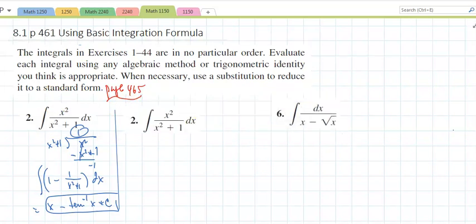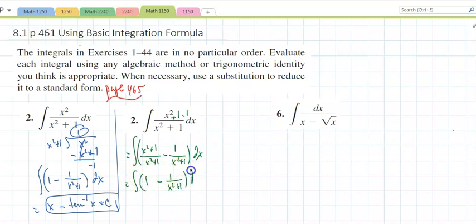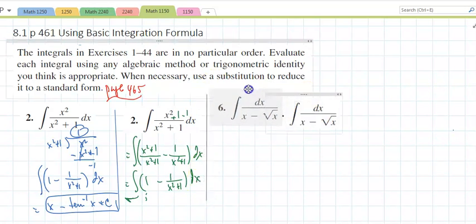If you add 1 and subtract 1, that will be the integral of x squared plus 1 over x squared plus 1 minus 1 over x squared plus 1 dx. That would be the integral of 1 minus 1 over x squared plus 1. Again, this doesn't work all the time, and you follow the same steps as you did right there, and that's that. I suggest you stick with the long division unless it's that simple.